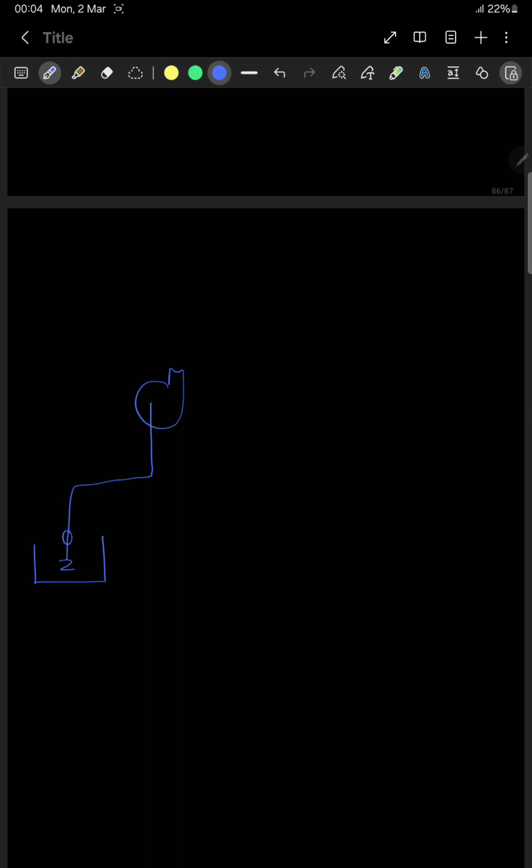This is the foot valve. This is the filter. These are the flanges, the bends. This is the overhead tank. There is a delivery valve. These are again the bends. This is the pump.